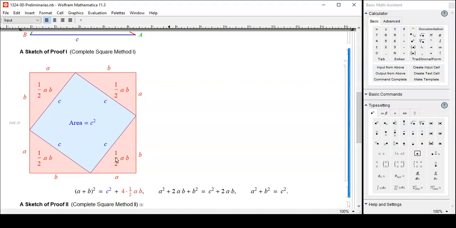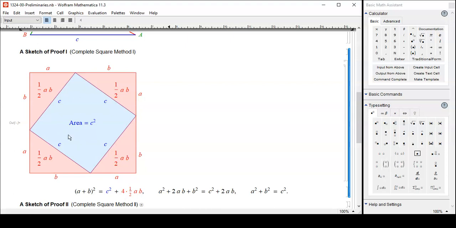You can arrange this right triangle, pink like this, 4 of them, and then you end up with a big square of side a plus b, and then a smaller square with side c.